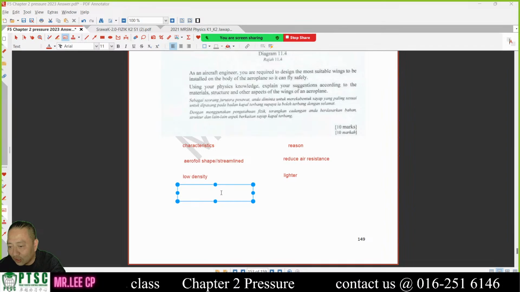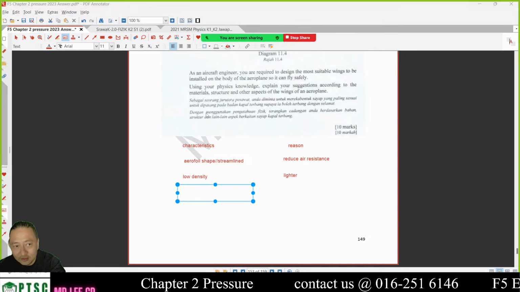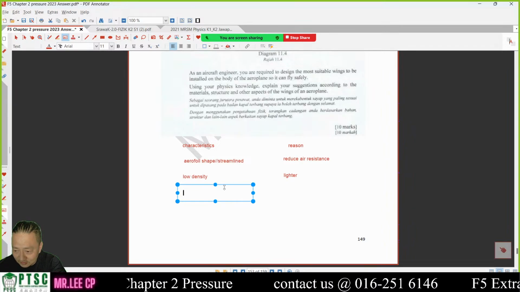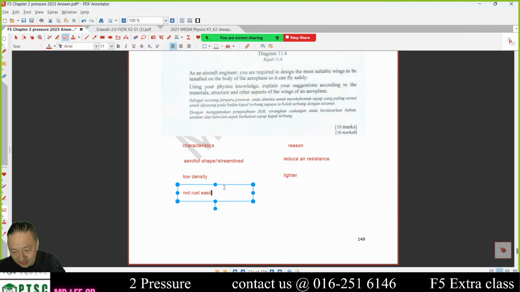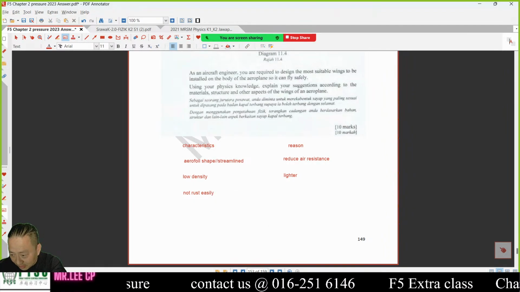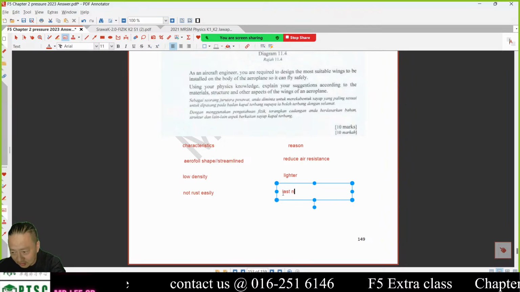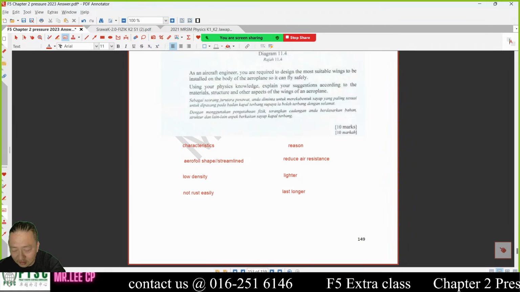Still got the material. So not rust easily. Material that is not rust easily, right? Why? Can last longer, right?